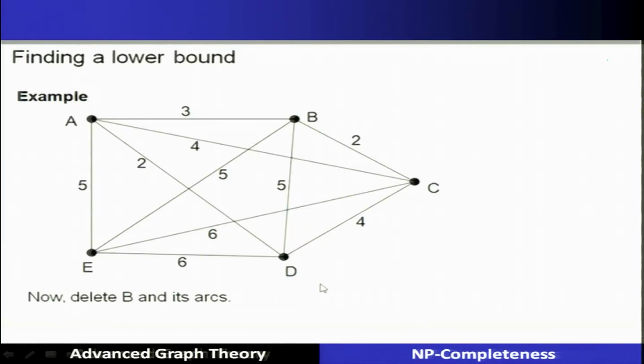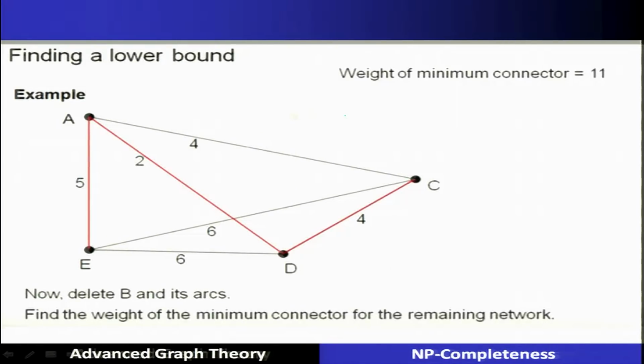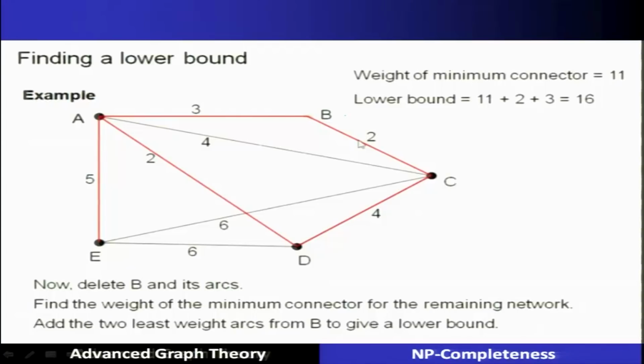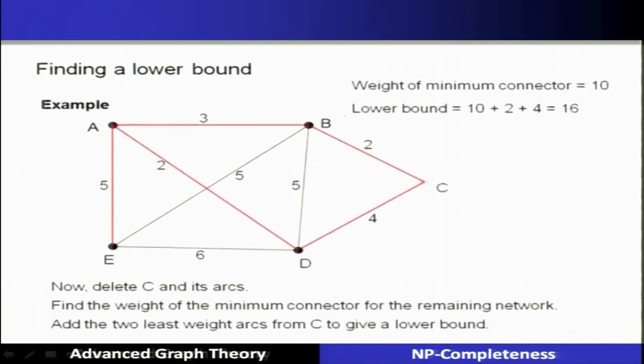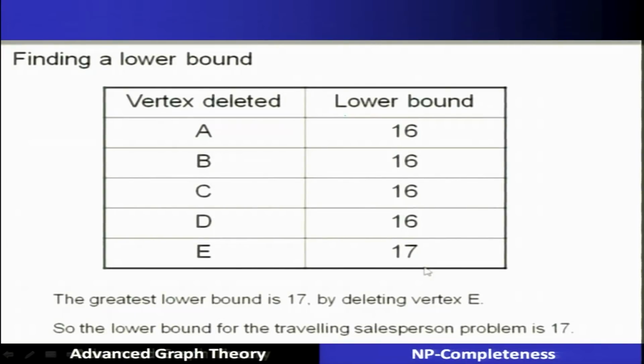Now we can delete some other vertex, let us say B, and again we run this algorithm, and we obtain a different value. Here also we obtain 11, and now we delete C. Now if we see the statistics of computation of the lower bound: when vertex A is deleted, the value comes out to be 16, when B is deleted it comes out to be 17, C deleted 16, D deleted 16, and when E is deleted it comes out to be.